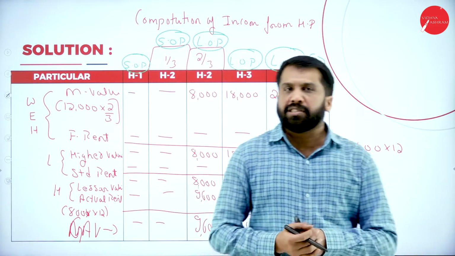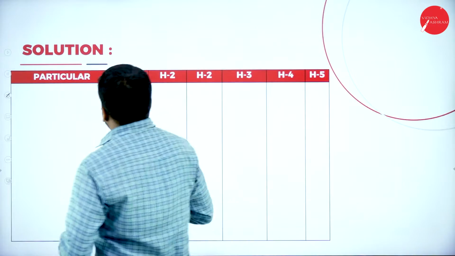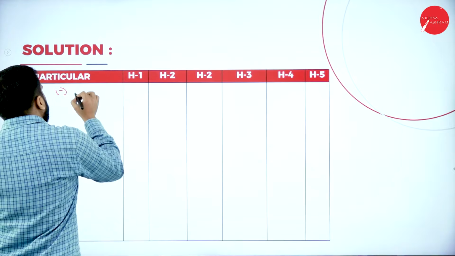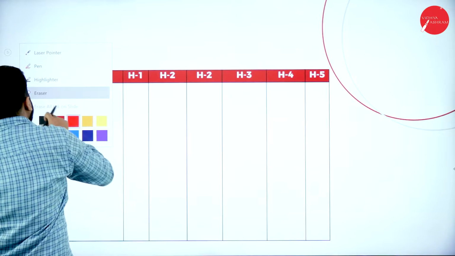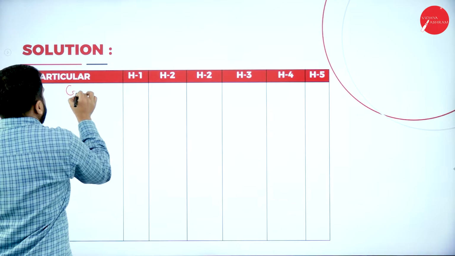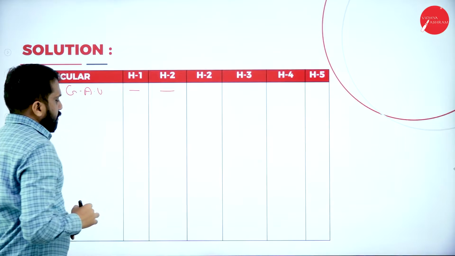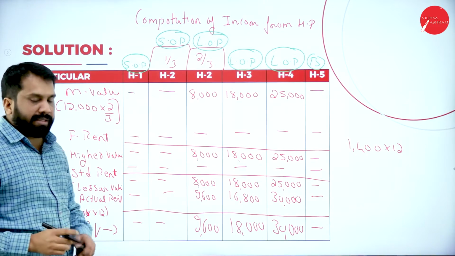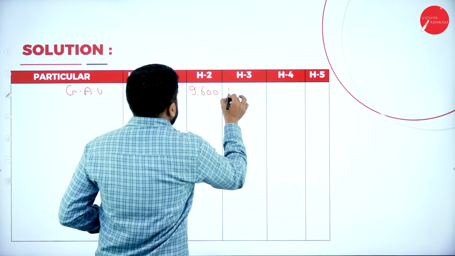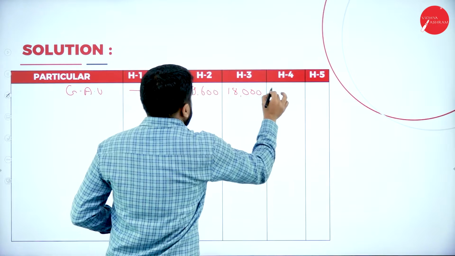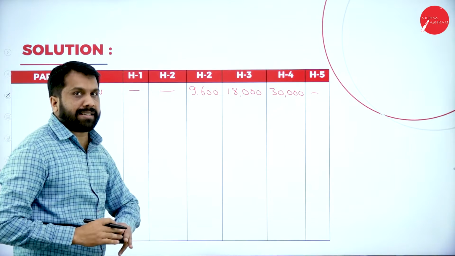Now what is the next procedure? We are supposed to minus municipal tax. Less. First we'll take gross annual value. So nil, it is nil. And we have 9,600, 16,800, 30,000, and the last one will be considered as nil.